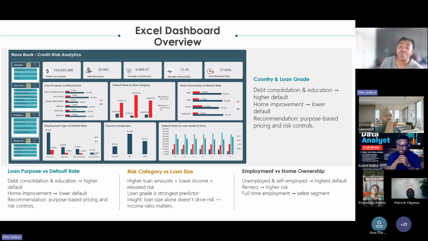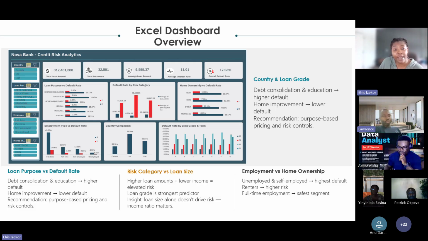The average interest rate is like 11%, and the overall default rate is 17.63%. People were taking these loans because of debt consolidation, educational purposes, home improvement, medical, personal, and ventures as well.